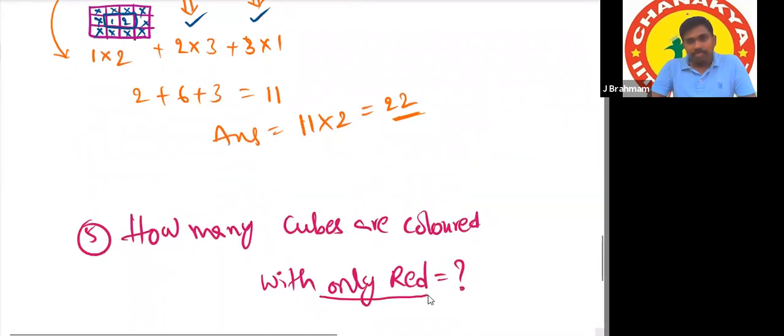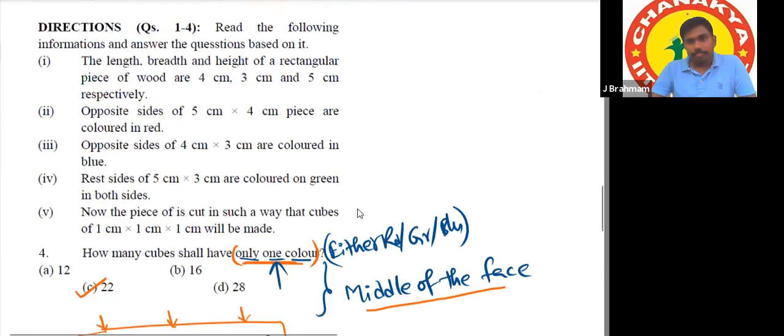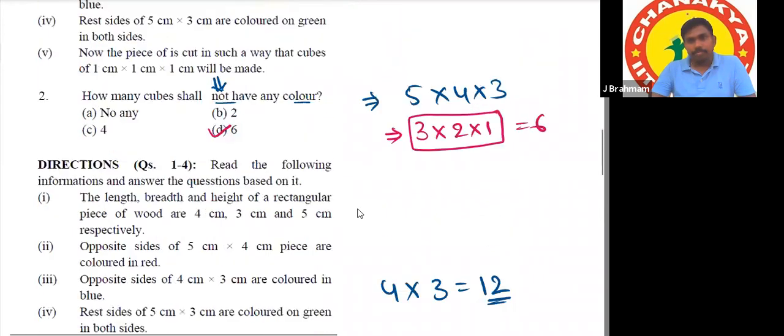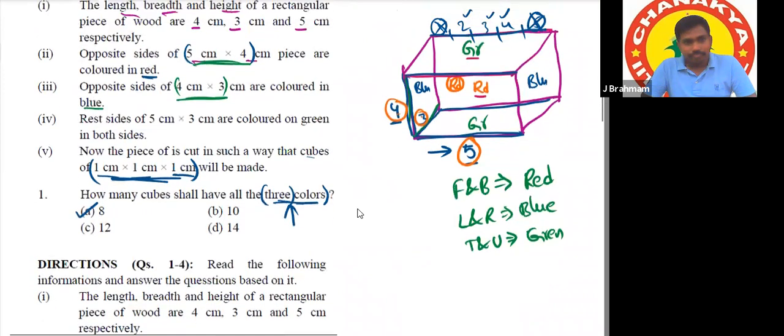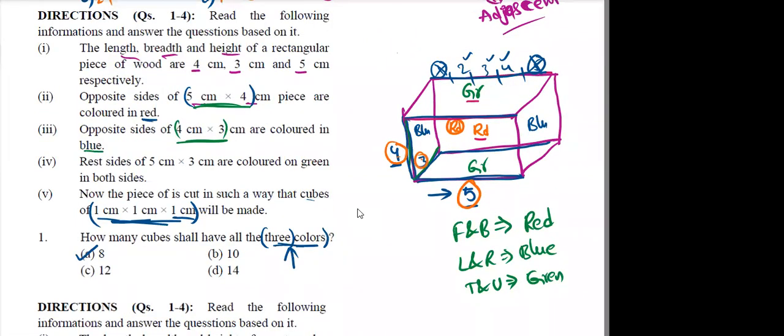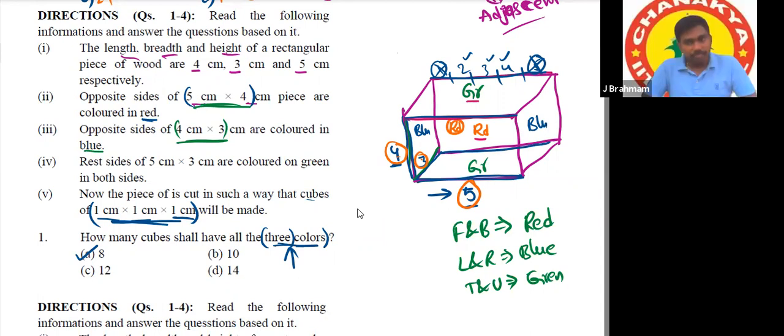How many cubes are colored with only red? Tell me. Sir, 4. Overall answer is 4.